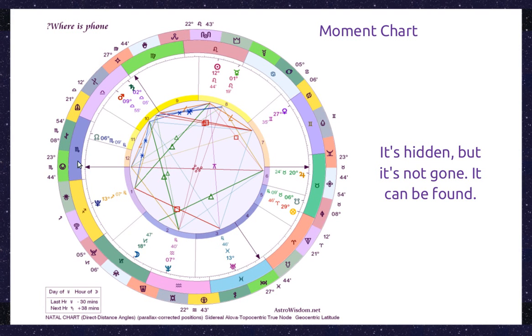We see that the ascendant is in Scorpio. This is ruled by Pluto. And Pluto is associated with things that are hidden, things that are buried or underneath, but things that are very much still there. Okay, it was not completely missing.